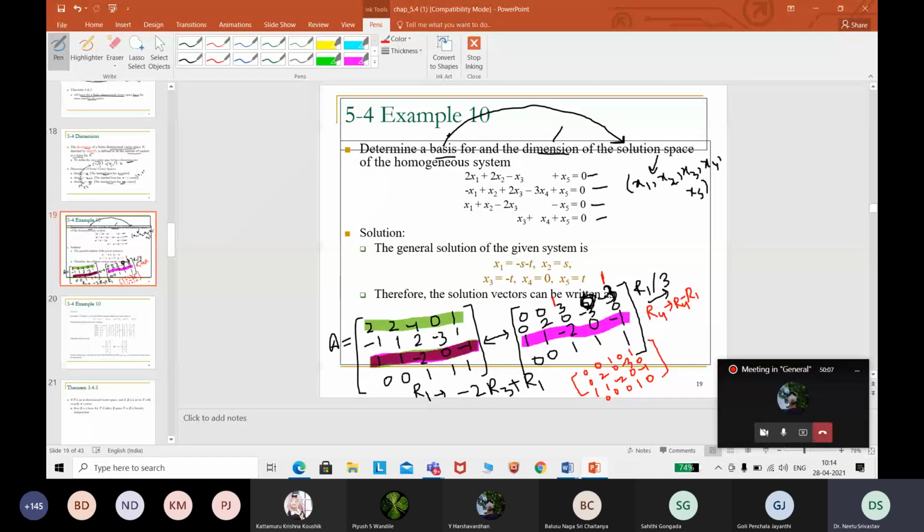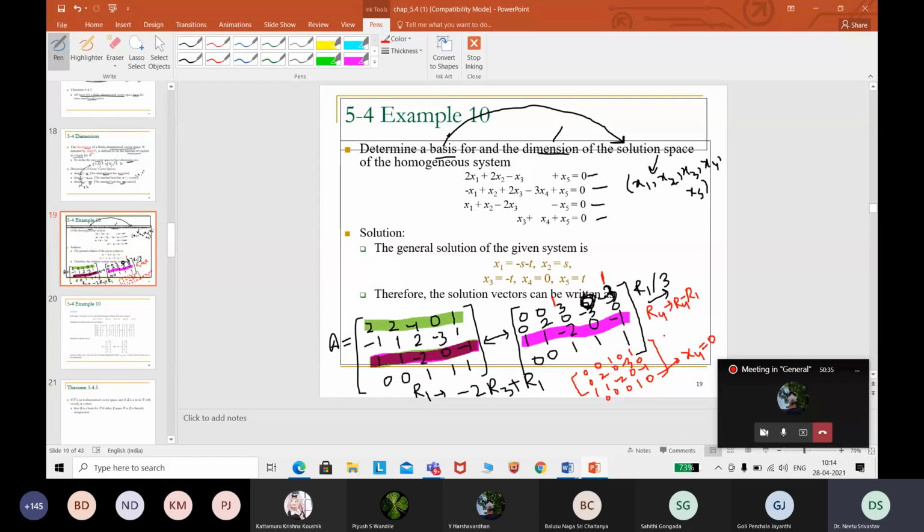So I'm not going to use it further, and I can modify my equations here. Now when this is converted to equations, I am getting x4 as 0, correct? x4 is 0.